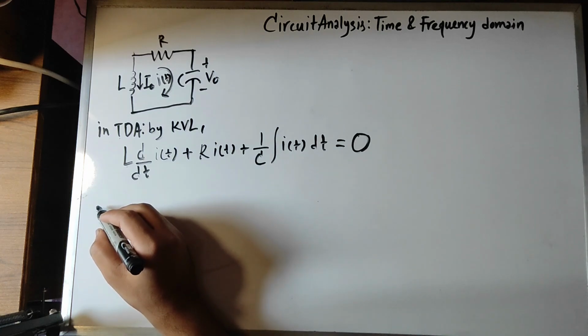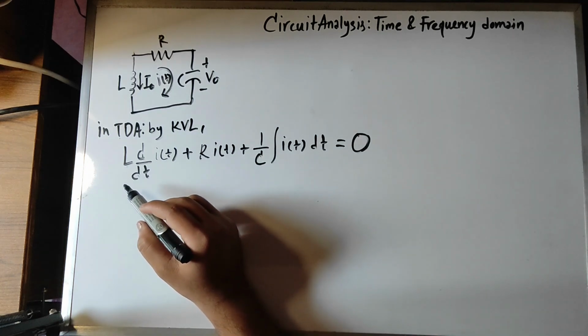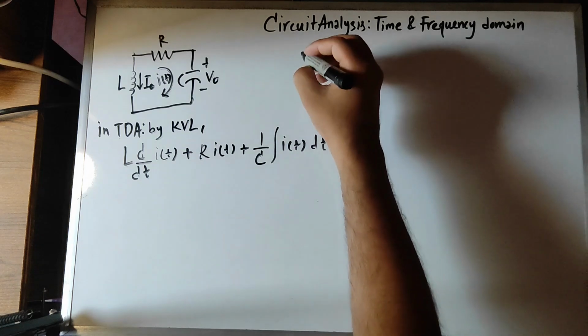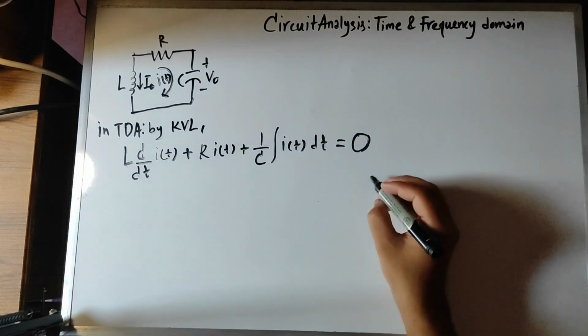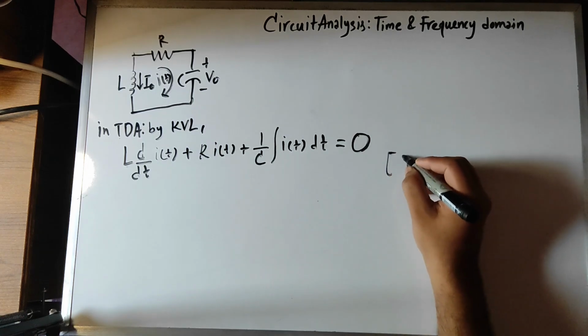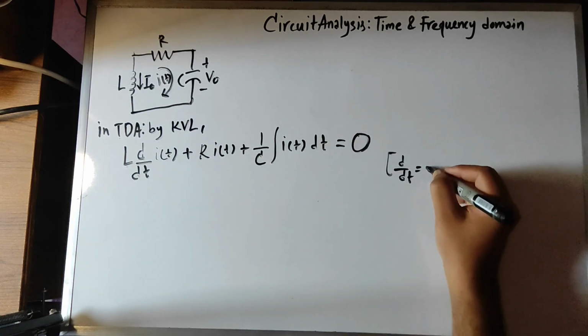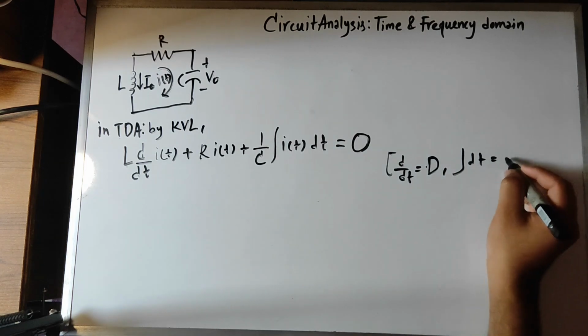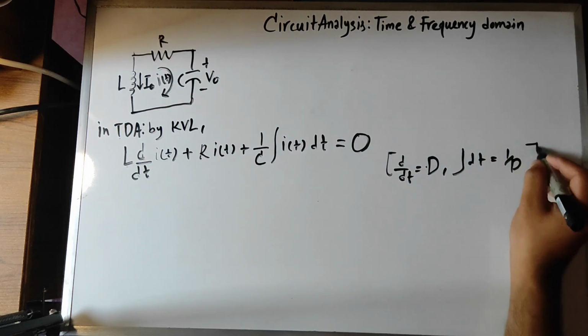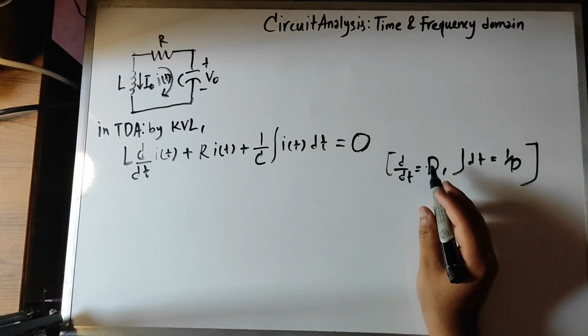Now let us replace the differentiation with the linear differential operator. So d by dt is D, and integration dt is 1 by D. This is called the linear differential operator.